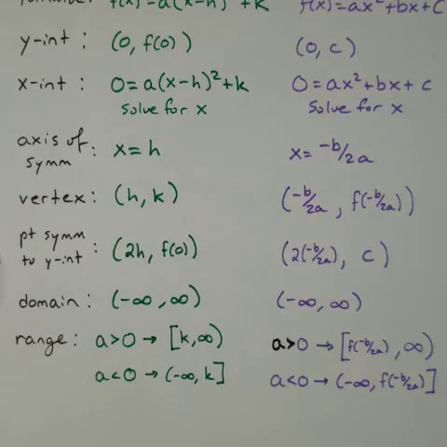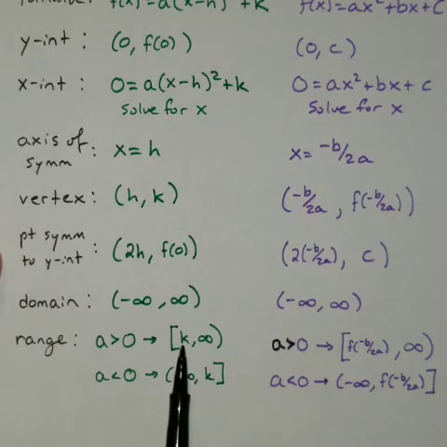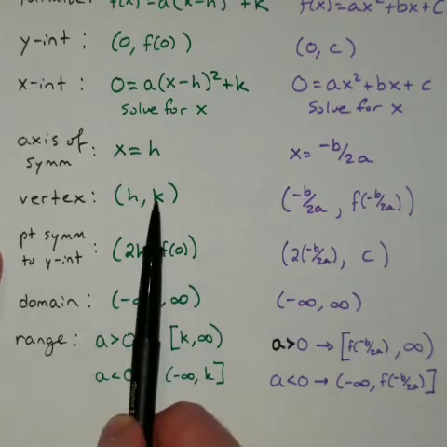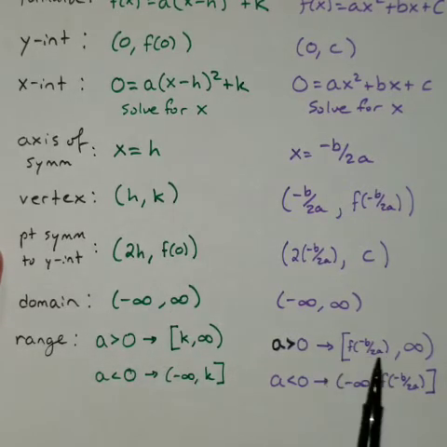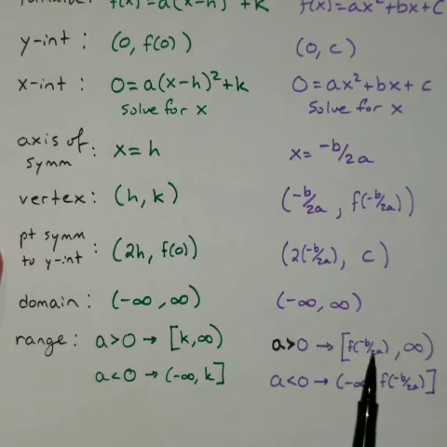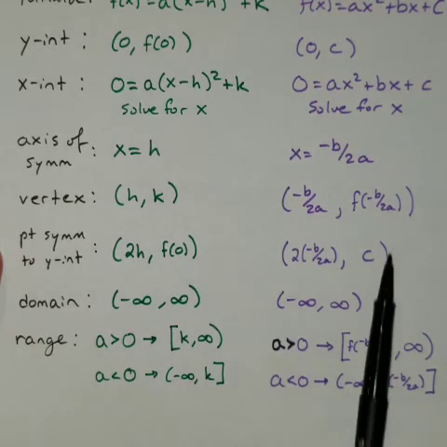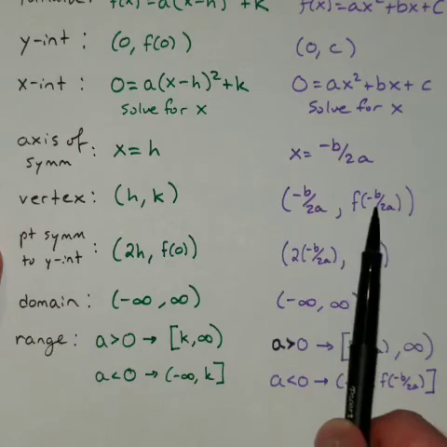And then the range is kind of interesting because the range is different whether the graph opens up or down. So if the a value is positive, you get an opening up graph. That means it starts at the minimum value and goes up to infinity, but the minimum value is the y value of the vertex. That's your k. In the standard form, again, the y value of the vertex is your f of negative b over 2a.